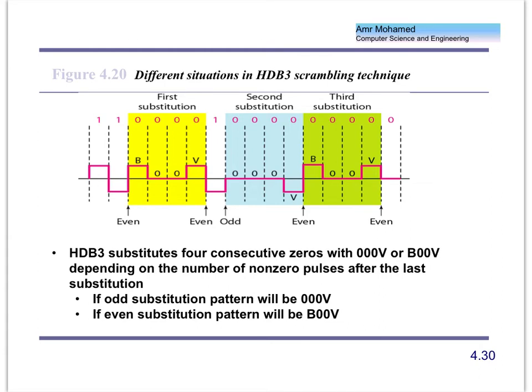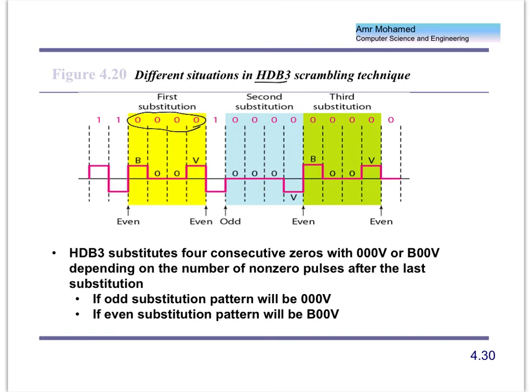In Europe, they use HDB3, and in HDB3, they try to replace each 4 consecutive zeros, not 8. And the idea is simple. Again, it's pretty much the same. So we substitute each 4 zeros by a sequence.